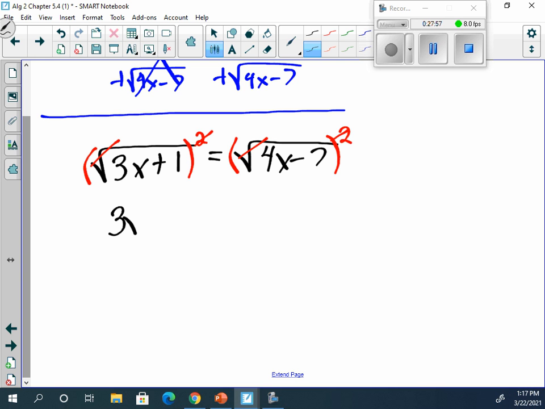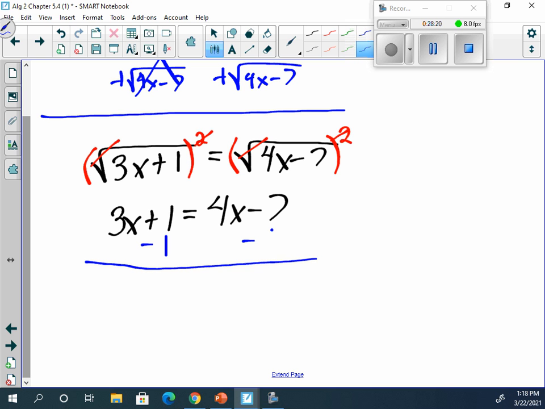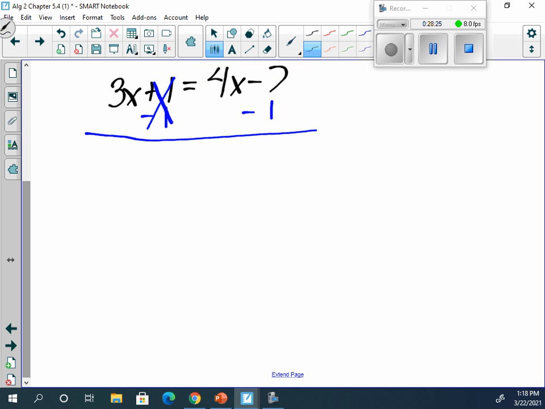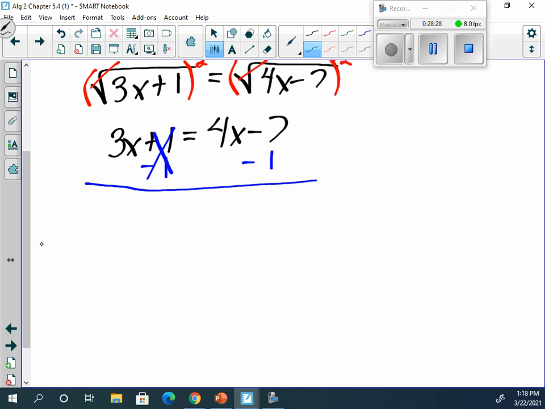And what we're left with is 3x plus 1 is equal to 4x minus 7. So what would we want to do next? We can subtract 1 from both sides, yes. 1 minus 1 would give us 0, and we would have 3x is equal to 4x minus 8.